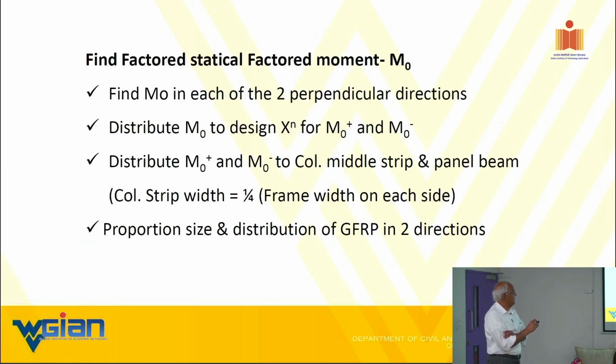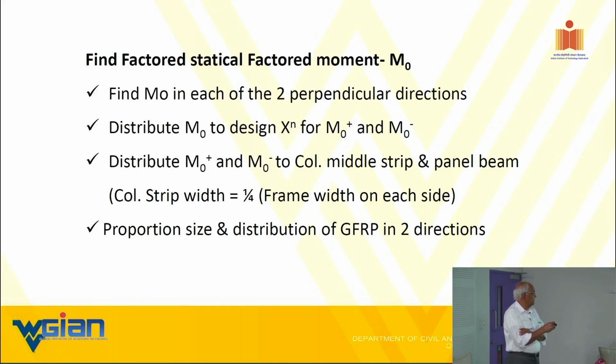Find the factored static moment M0 in each of the 2 perpendicular directions. Distribute M0. What is M0? I will define that in a minute. To design the cross section from M0 plus and M0 minus, positive and negative. Distribute the moment to column strip, middle strip, and the panel.